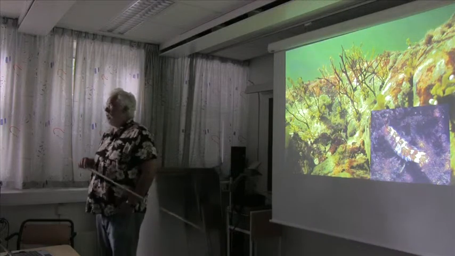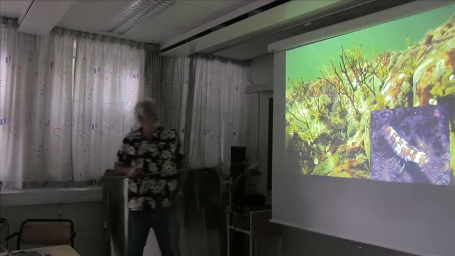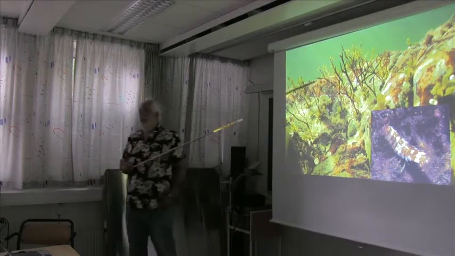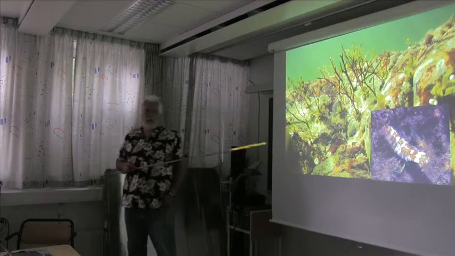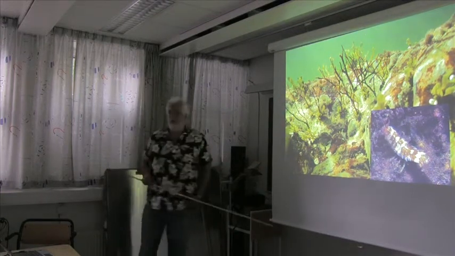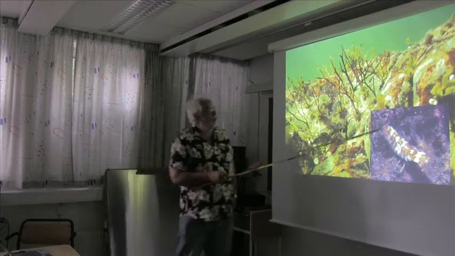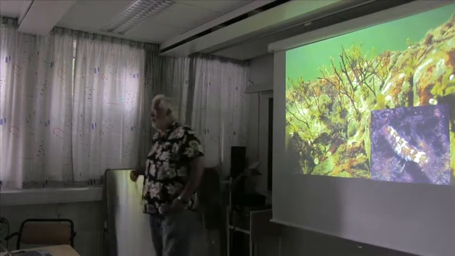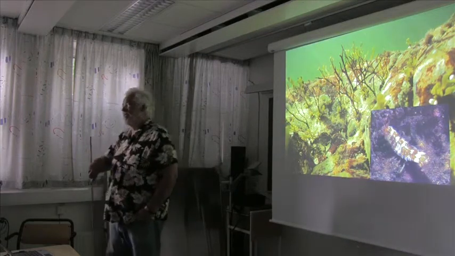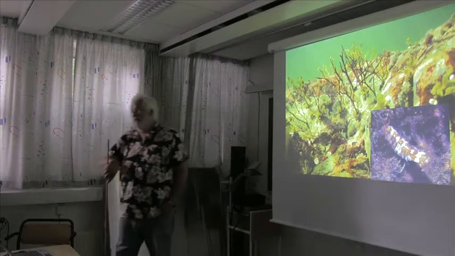And the Fucus actually disappears from areas. And it has been said that it is grazers that do it. But to my knowledge and to my investigations, grazers are not so abundant. They are so few, so they can never graze down the Fucus community.